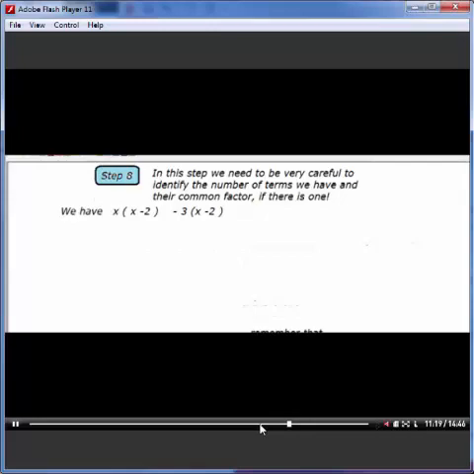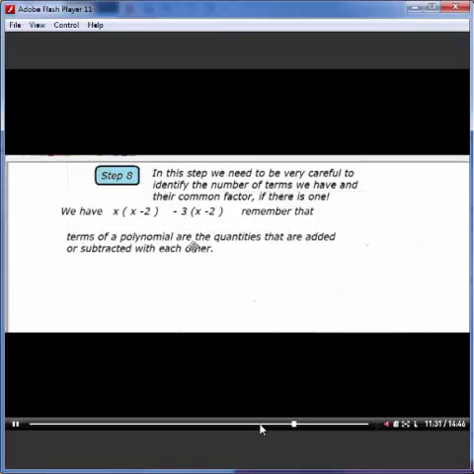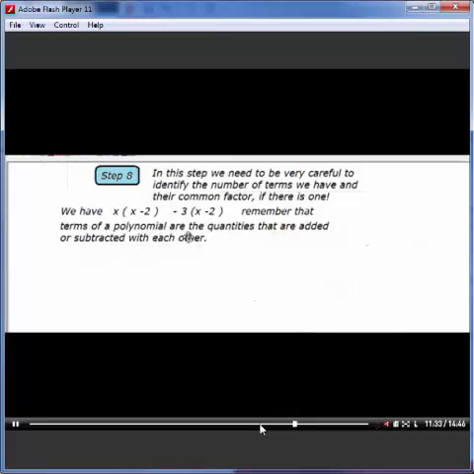You can see here the x minus 2 is common to both terms of the polynomial. So what we can do is actually factor out the x minus 2 from the two terms, and what will remain will be multiplied by the x minus 2.